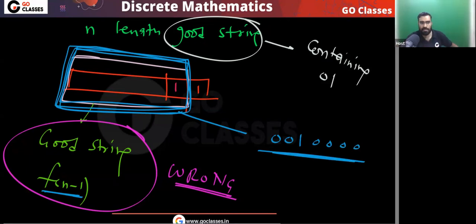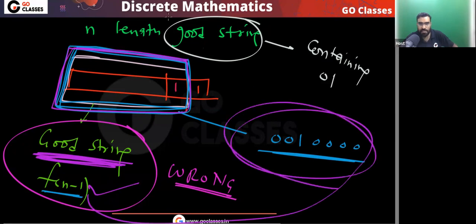You are counting this, but that is not possible here because it is already ending with 1. Is this point clear?